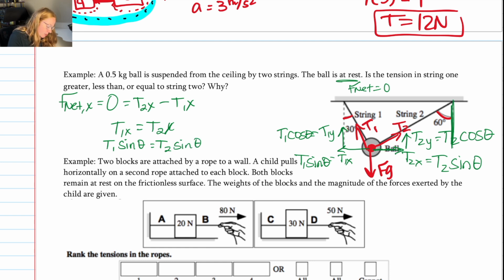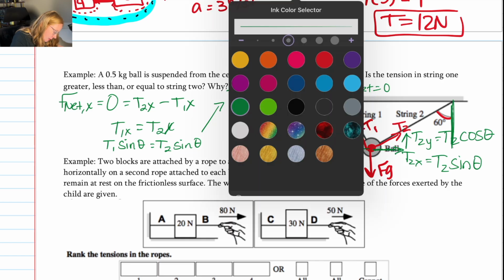And what we actually need to do is just compare the 2 angles. Tension 1 is going to be equal to tension 2 times the sine of its angle over the sine of the first angle. So let's go ahead and plug in values. Let's see what sine of 60, let's go ahead and replace that with 60, over sine of 30 would be.